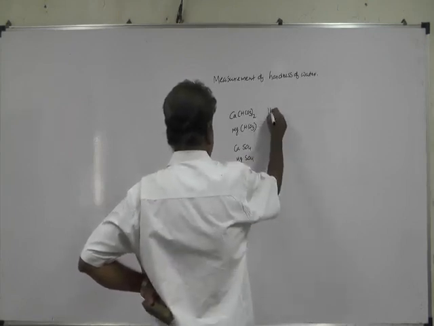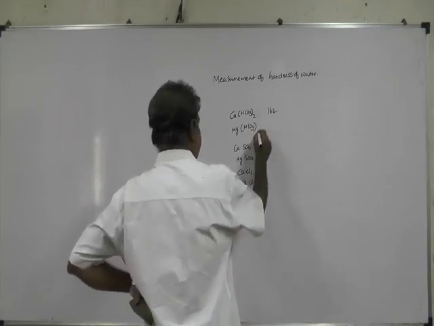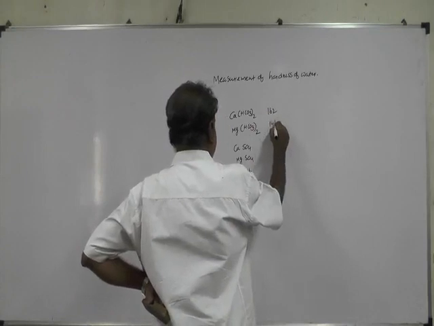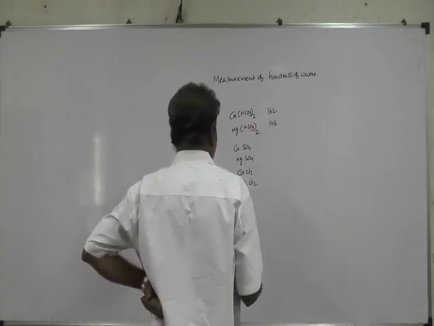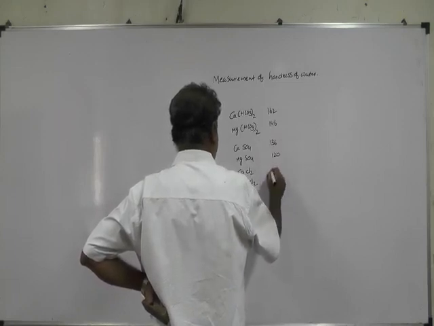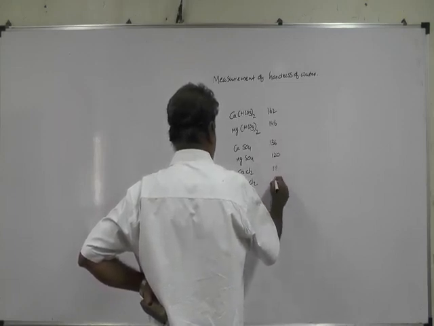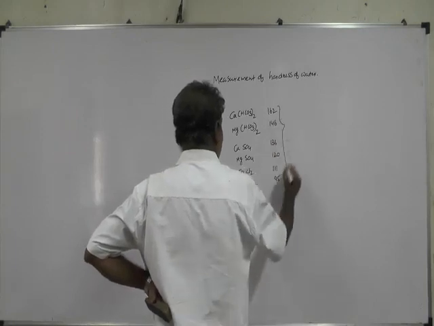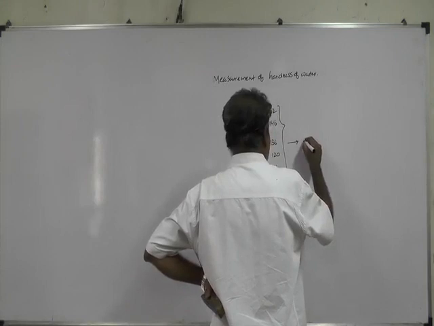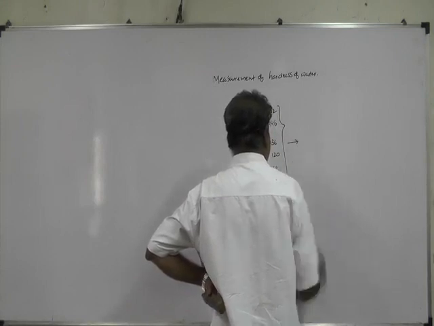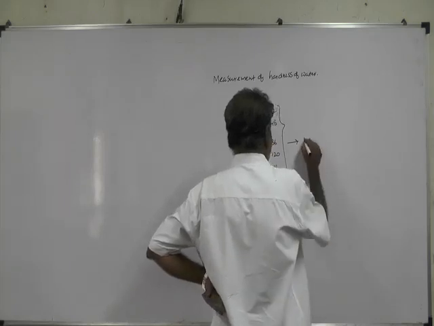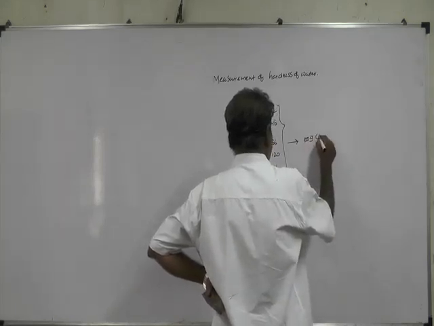Calcium bicarbonate 162 and corresponding magnesium bicarbonate 16 less than that, 146. Calcium sulfate 136, 120, 111, 95. All these are equal to 100 gram calcium carbonate.